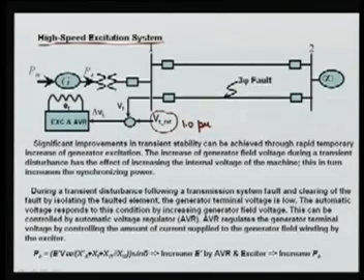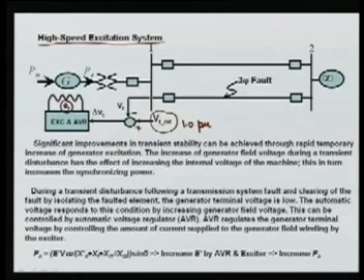If there is some difference in the reference setting, this terminal voltage is not equal to your reference setting, then some error signal will be coming here, and this excitation and the AVR system will change your EF here. So this is called the AVR loop of the system, or you can say the excitation system of your alternator.